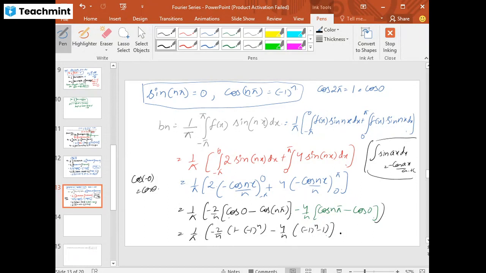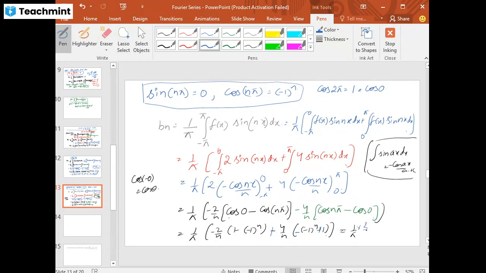So if we solve this particular part, I can take the negative sign common from here. So this is 4 upon n, this is minus 2 upon n. If I take the negative sign common, it becomes negative, and this becomes positive. So 1 minus (minus 1) raised to power n. So plus 4 minus 2 is 2.